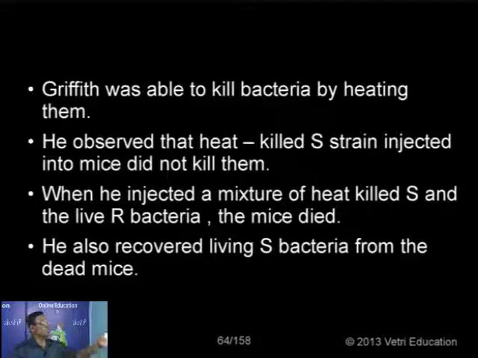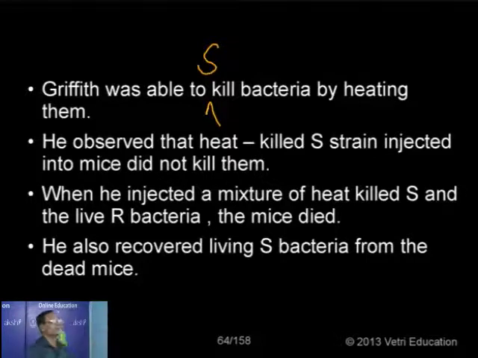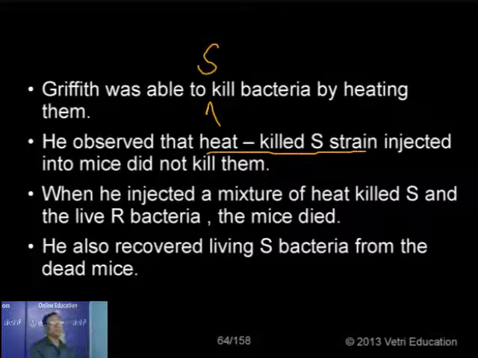So Griffith was able to kill the S bacteria by heating them. He observed what happens when this heat-killed S strain was injected into the body of a mouse. There was no death. When we treat the bacterium with a high temperature, the cell wall, the mucous coat, the cytoplasm, all materials disintegrate.